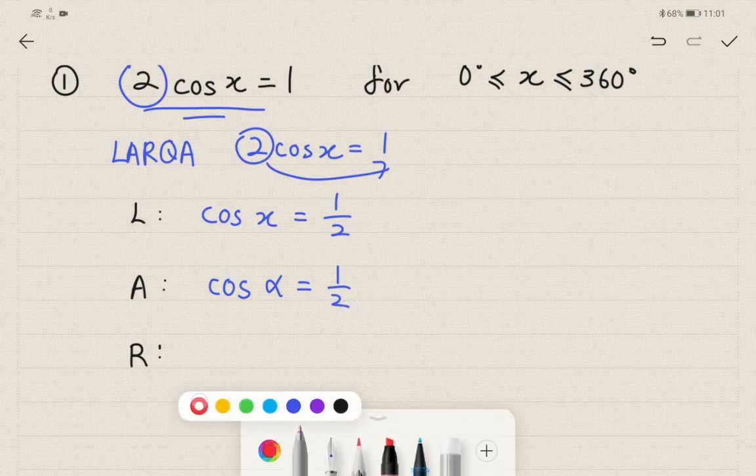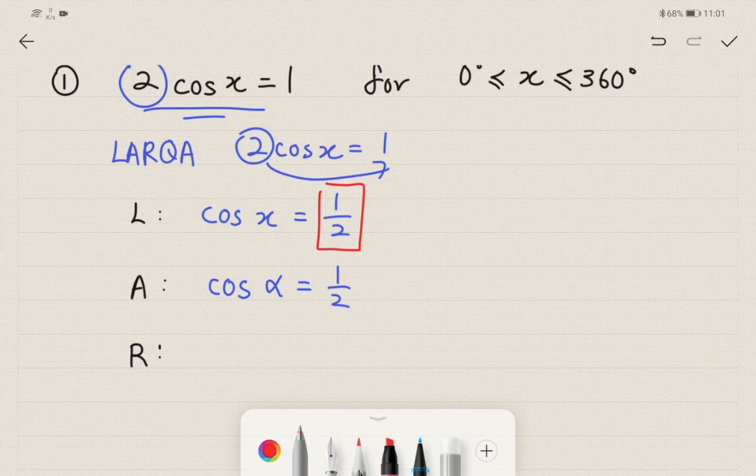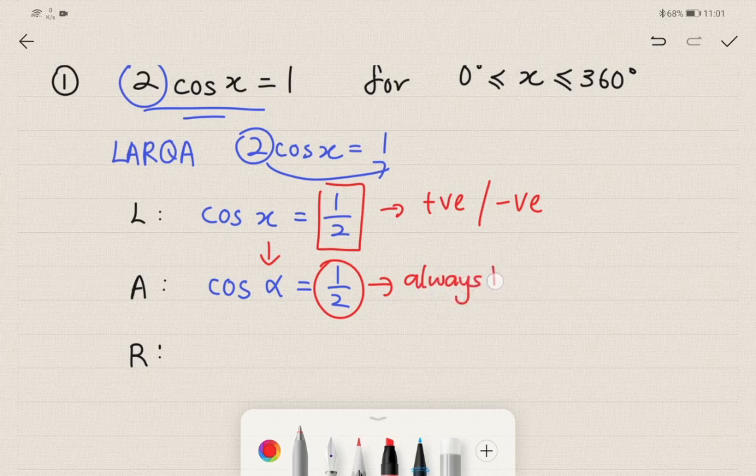And take note that it doesn't matter whether, in linear form, the right hand side, or what we call the constant, is positive or negative. When we convert to alpha form, this one will always be positive. The negative here actually just indicates which quadrant the value will stay at.